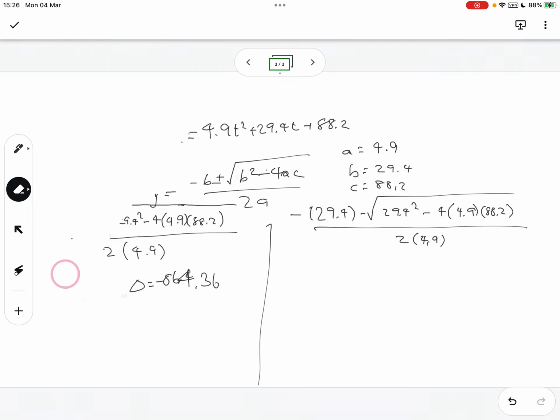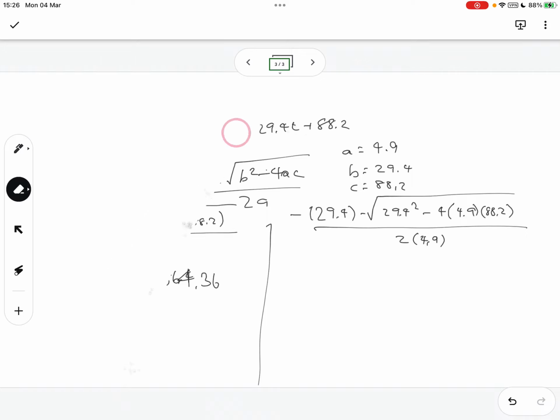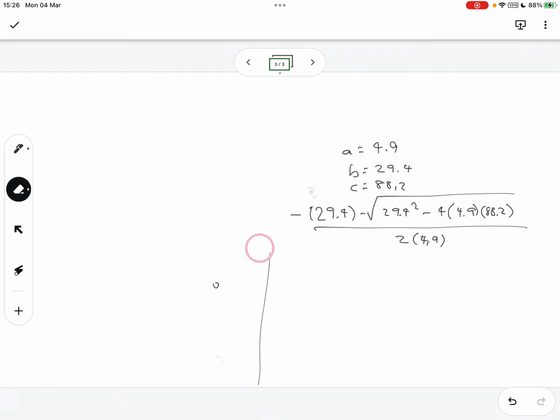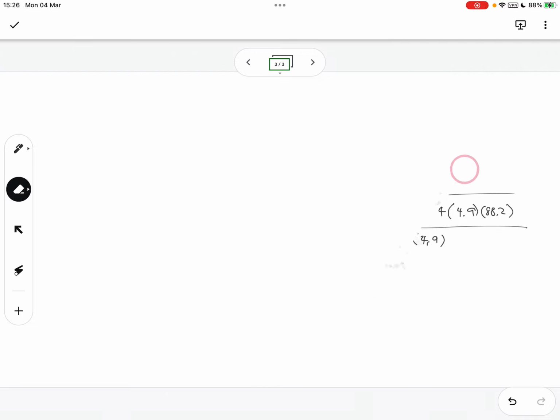Ooh, delta is negative, 864.36 rather. So we don't have real roots, so this method is not correct.